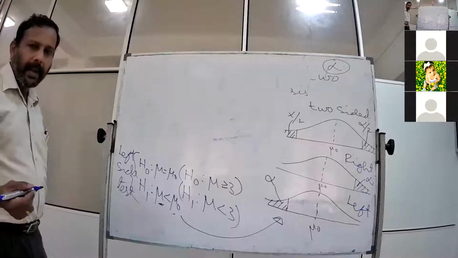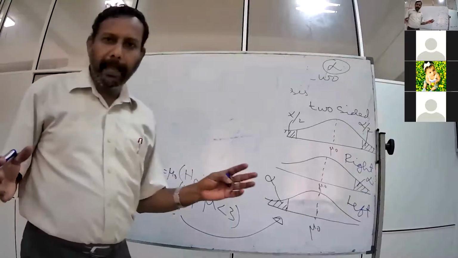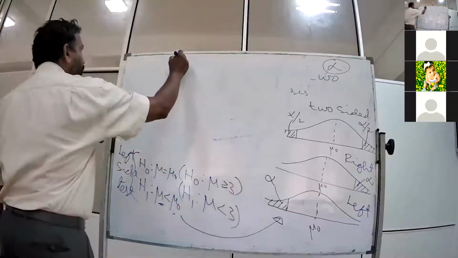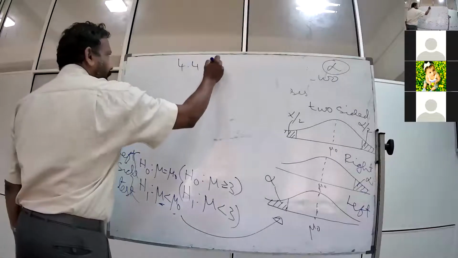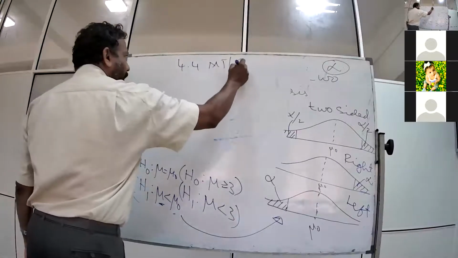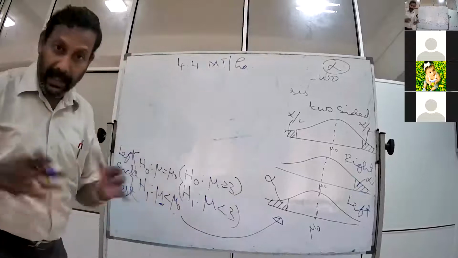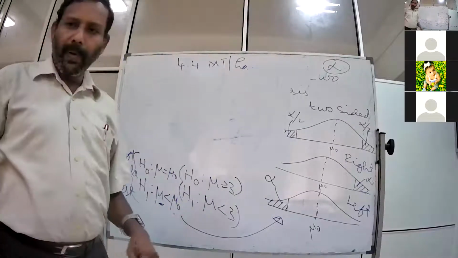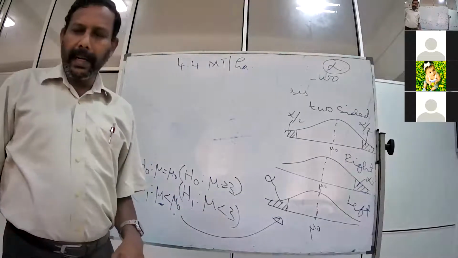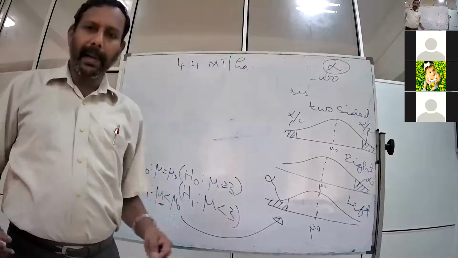Now, I have another example. Let's say our national paddy production is 4.4 metric ton per hectare. The average paddy production at national level is 4.4 metric ton per hectare. Now, I have a set of samples.